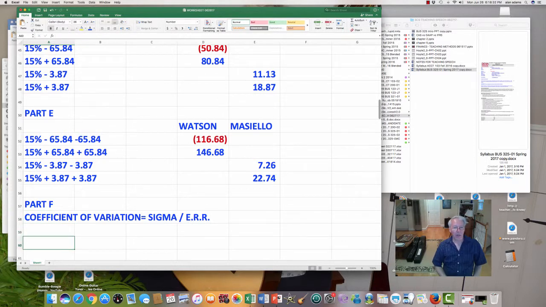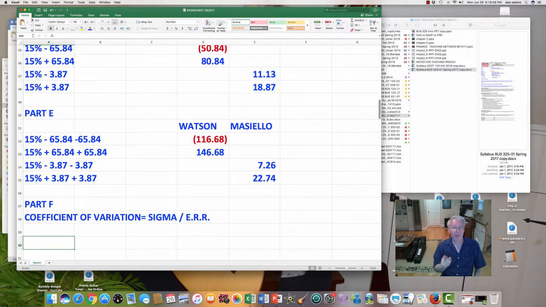Now, we know that Watson is the riskier of these two stocks. If they had different ERRs, then we would have to do the coefficient of variation because sigma is not good enough if the ERRs are different. We saw that in the example in the chapter with Jackson and Conway. Here, because the ERRs are the same, we already know what our decision is.